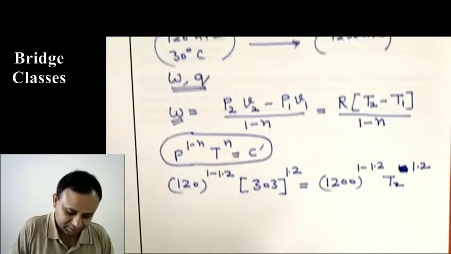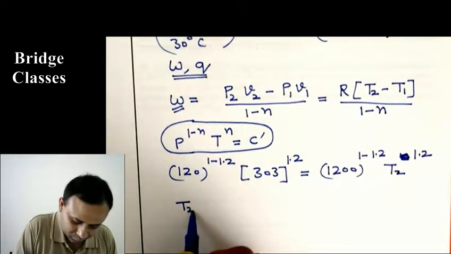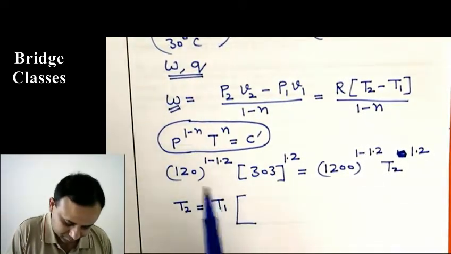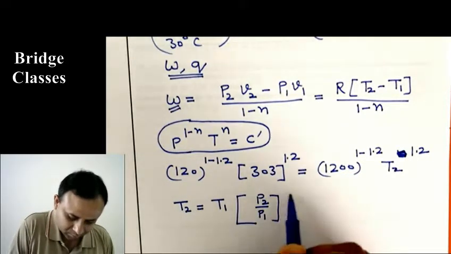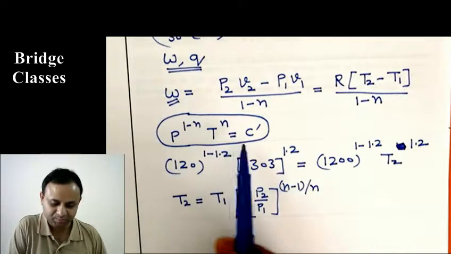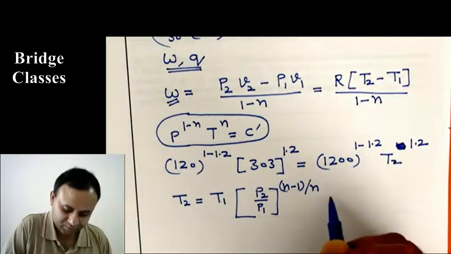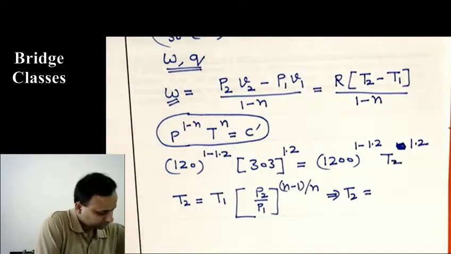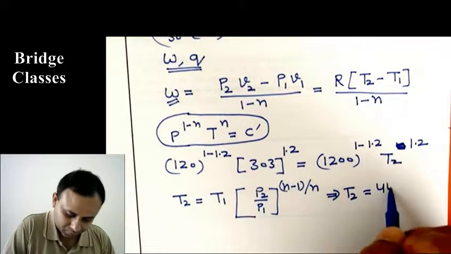Actually, you can write T2 equals T1 times P2 over P1 to the power n minus 1 over n. That is just manipulation of this equation. Then plug numbers, that gives you T2. You get 444.7 Kelvin.